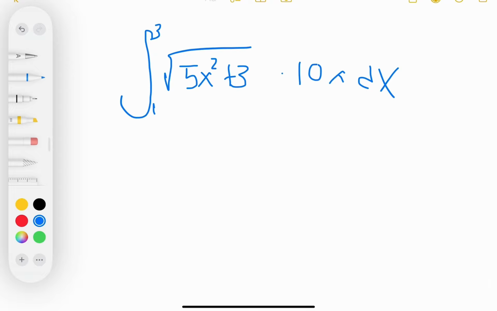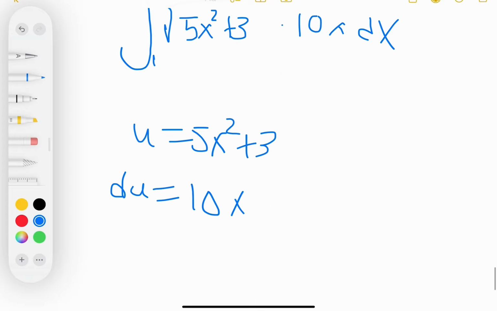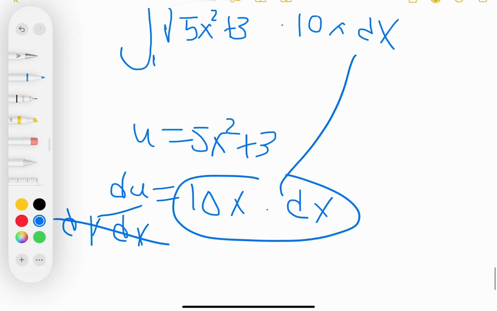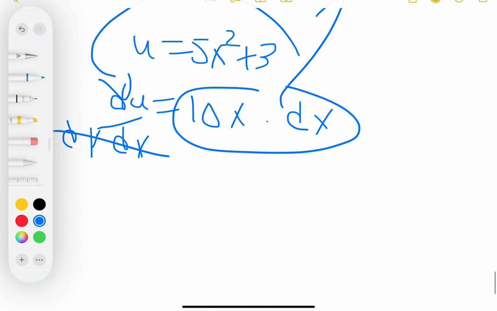Again, we're going to let u be what's inside the root, 5x squared plus 3. Then du is 10x dx, which is right here. Oh, look, these both match, so this can be replaced with du.